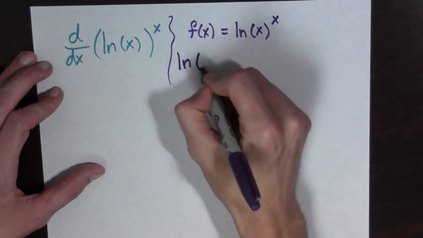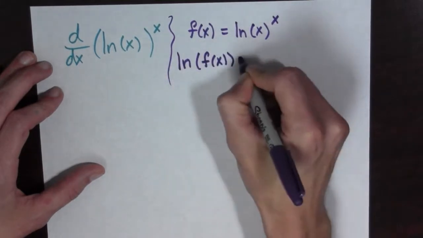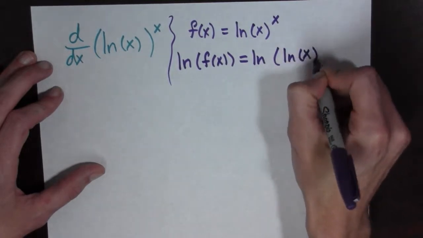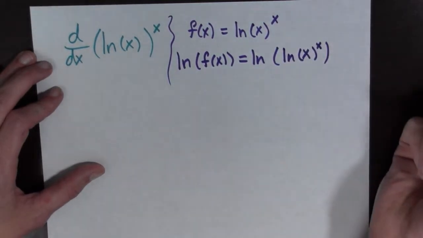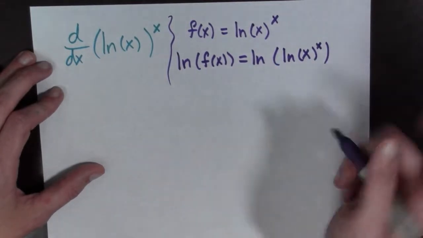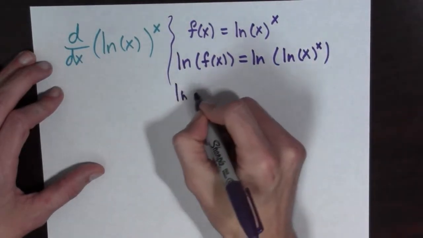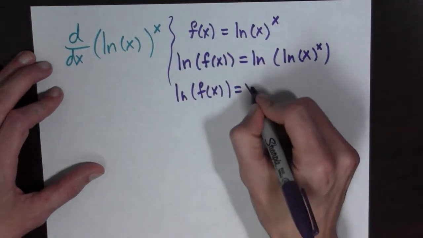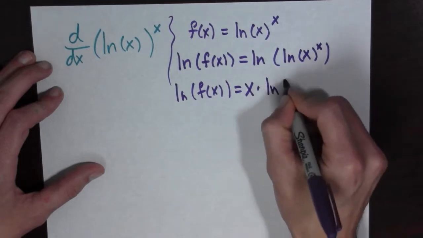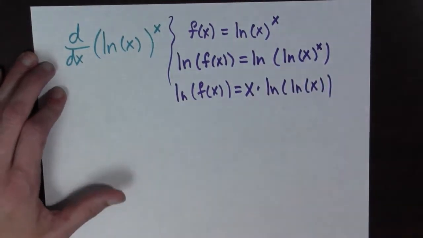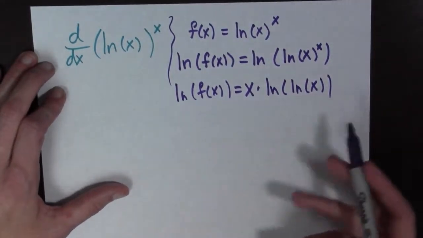So let's write natural log of f of x is equal to natural log of the natural log of x to the x. But now I can use log rules and take this exponent out front. And so I'll write natural log of f of x is equal to x times natural log of natural log of x.